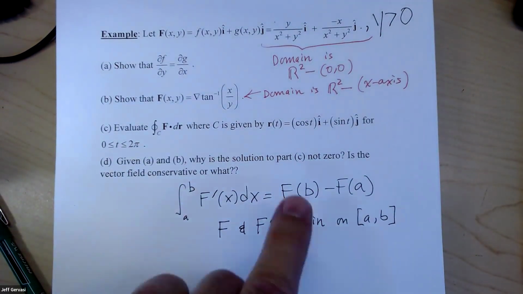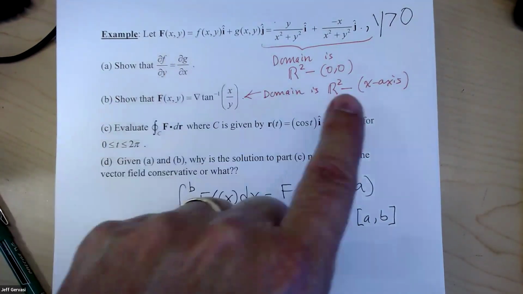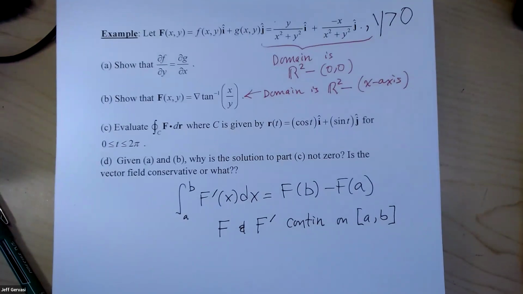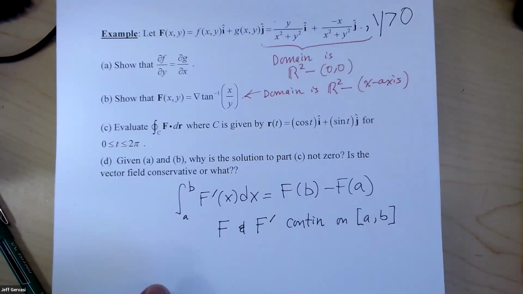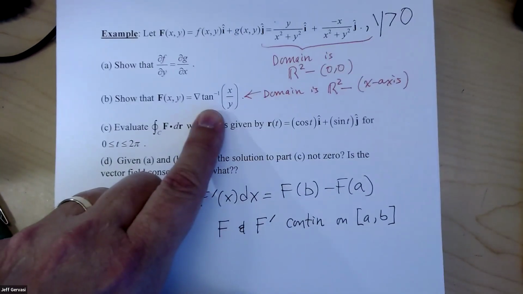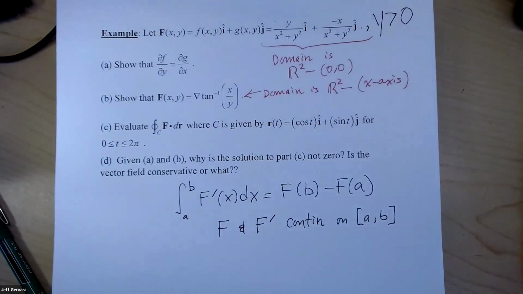So if we amend our domain where our function f is defined, in this case in quadrants 1 and 2 without the x-axis, y greater than 0, then the vector field f will be conservative with the scalar function inverse tangent x over y because they both can be defined in that half plane.